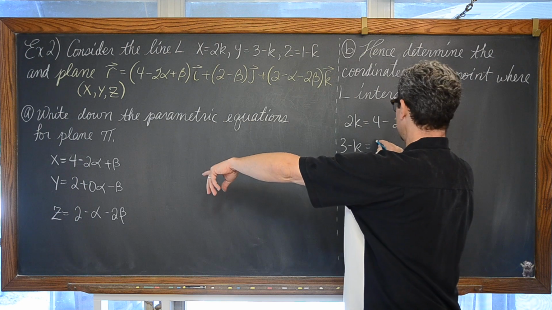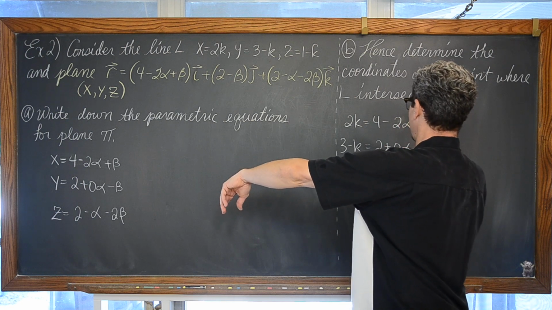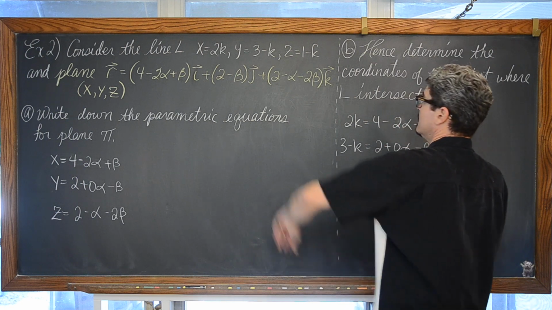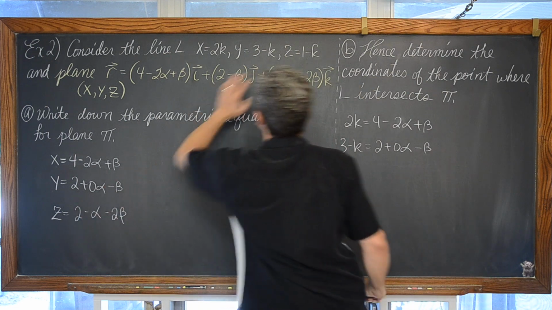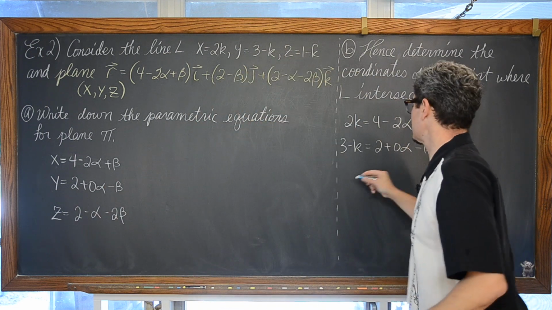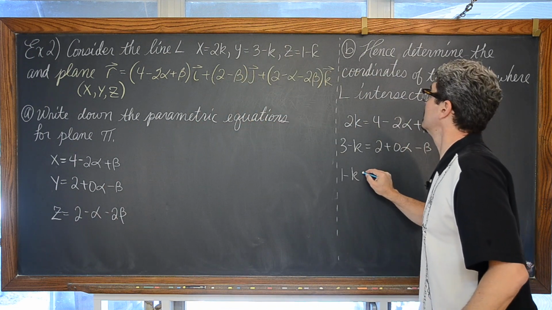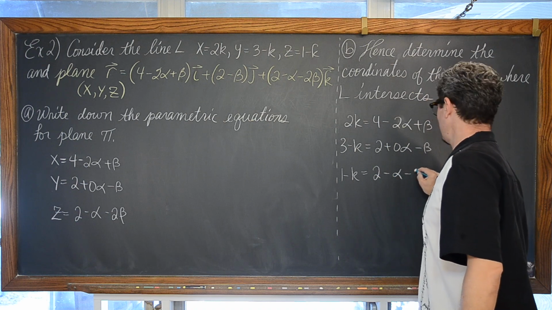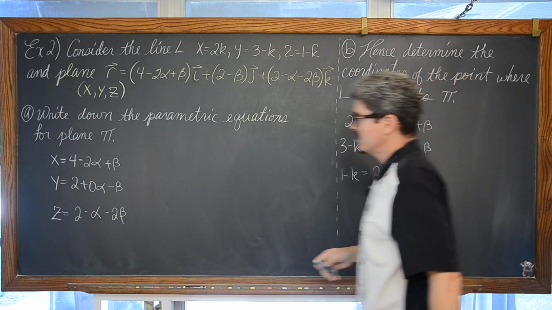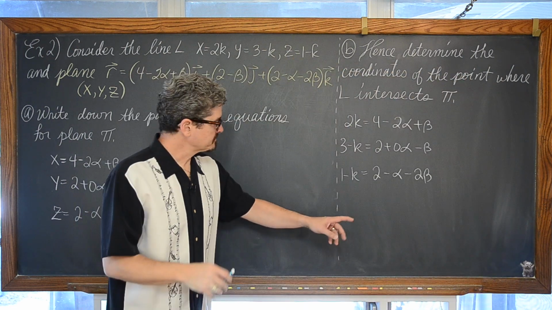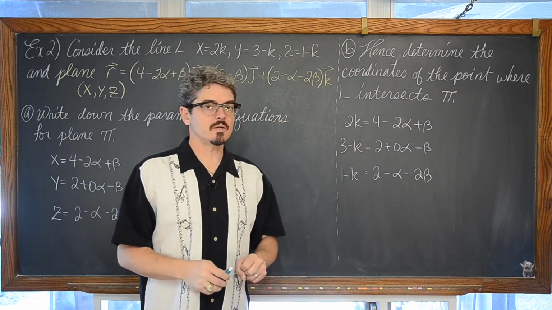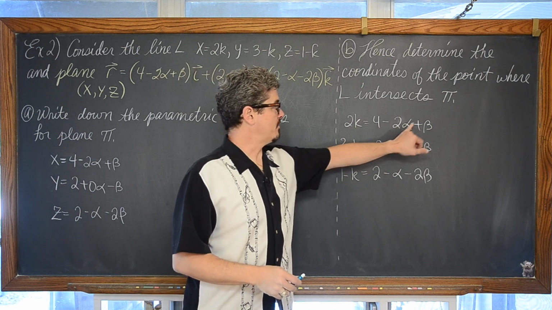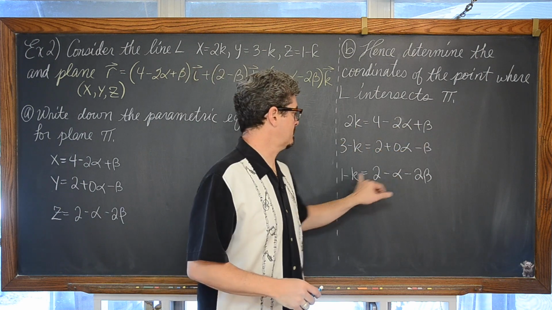Copy the rest of this down: 2 plus 0 alpha minus beta. And z, substituting in our expression of 1 minus k, equals 2 minus alpha minus 2 beta. So we have three equations with three unknowns: k, alpha, and beta.